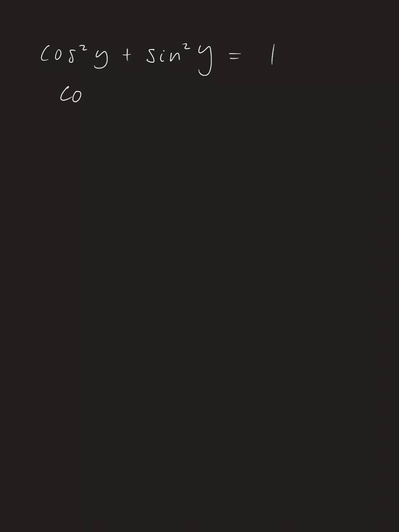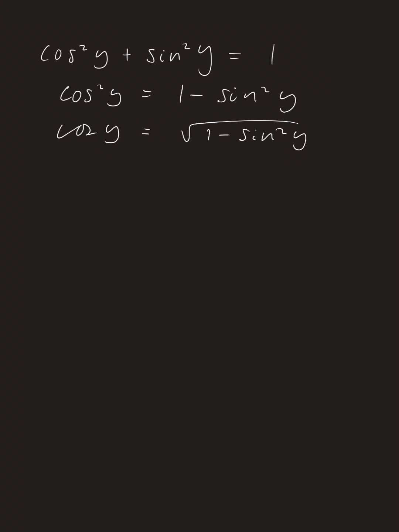So I can say cosine squared y is equal to 1 minus sine squared y. Or I can say that the cosine of y is equal to the square root of 1 minus sine squared of y. Now, sine squared of y just means the sine of y squared.